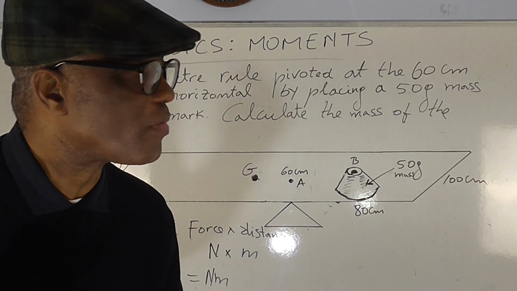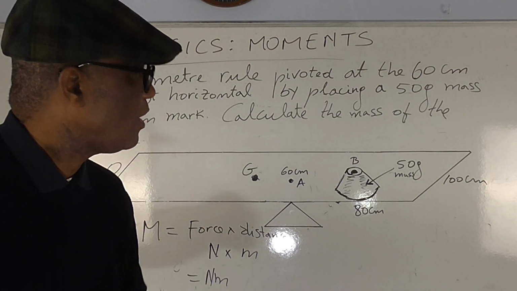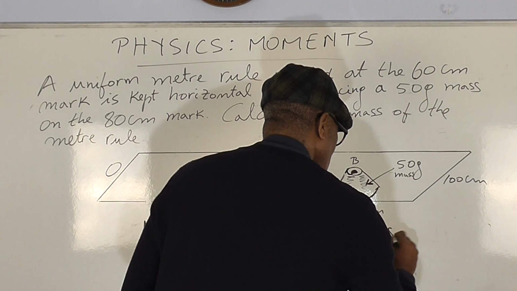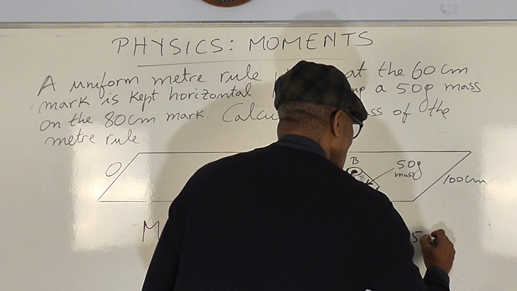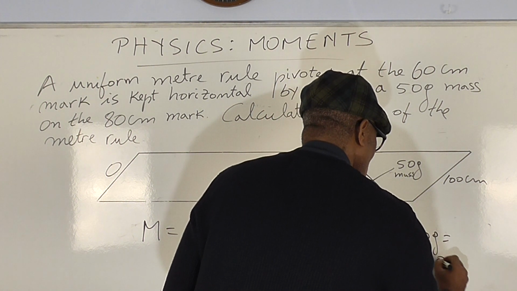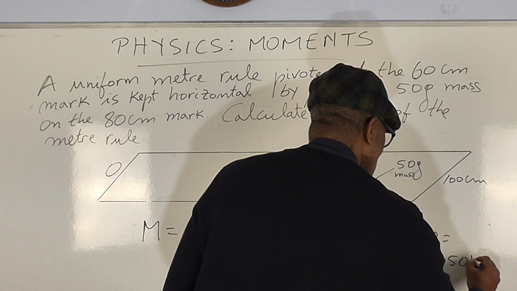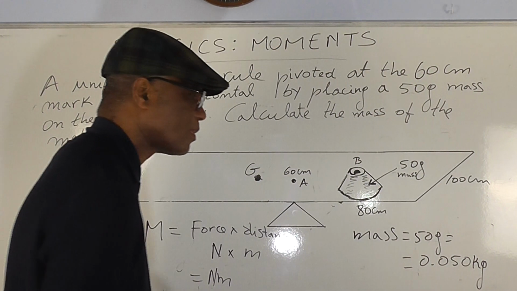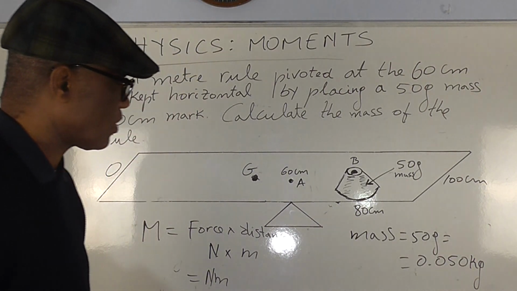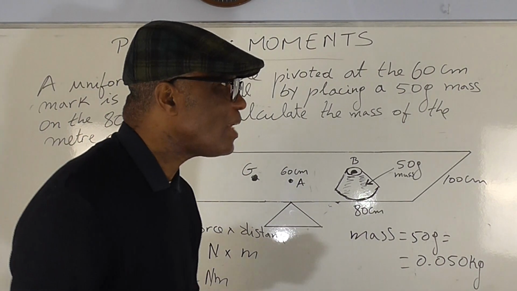We need to convert the 50 grams into kilograms. 50 grams will give 0.050 kilograms.